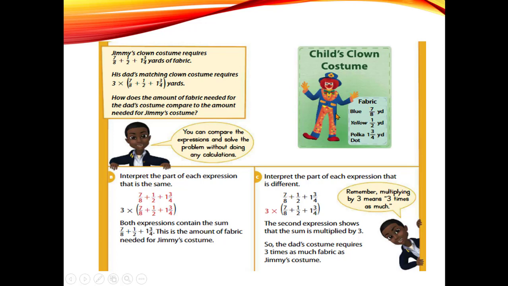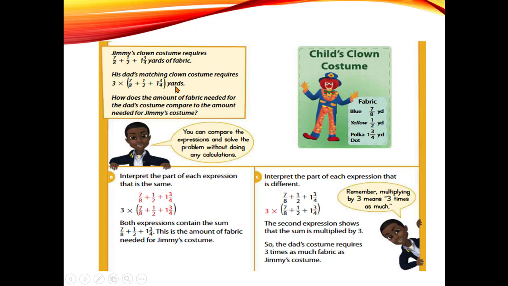As you see, there are some blue parts here and some yellow, and here the polka dot is 1 and 3/4 yards. So to make this, it requires these amounts of fabric. Okay.